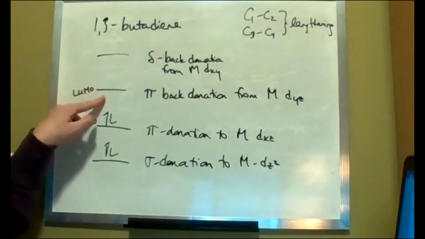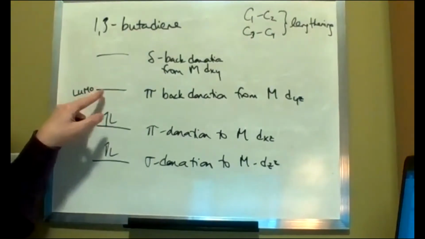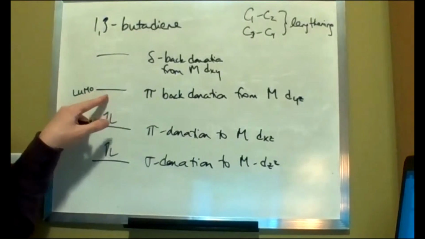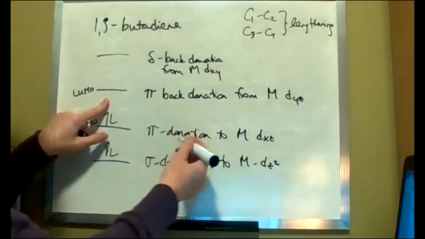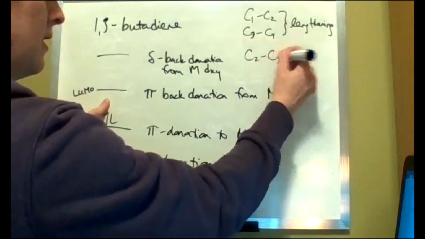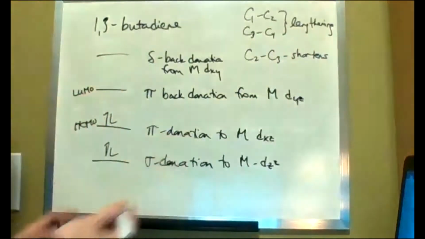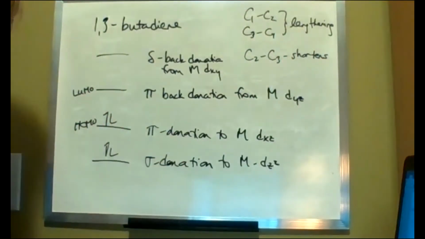And remember this LUMO one, if you look back in your notes, you saw increased electron density between C2 and C3. Well, what ends up happening with increased back donation is you end up shortening C2, C3, okay? Lengthening the other guys. So that's what's happening there.